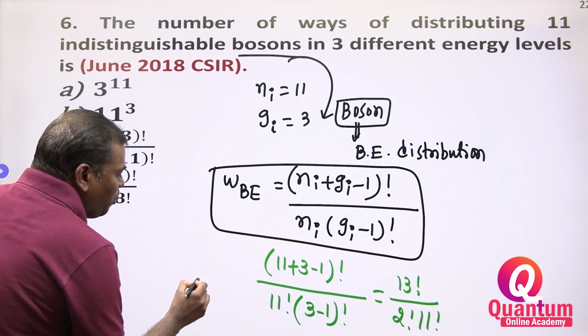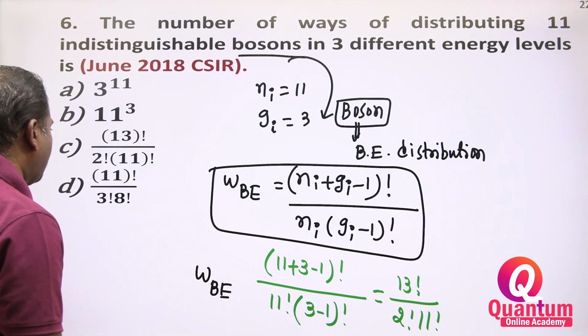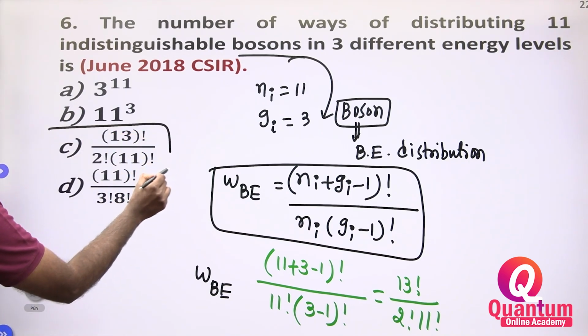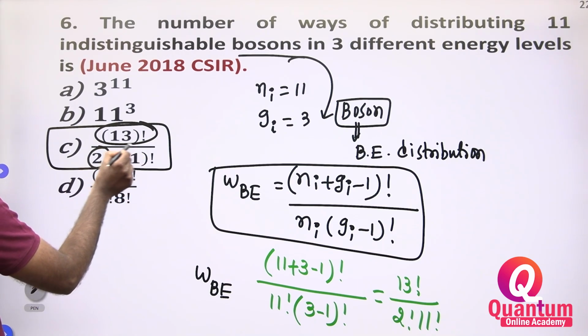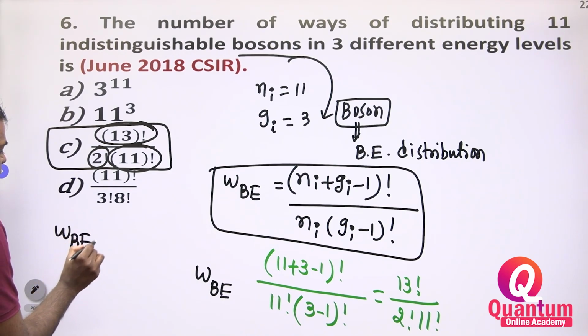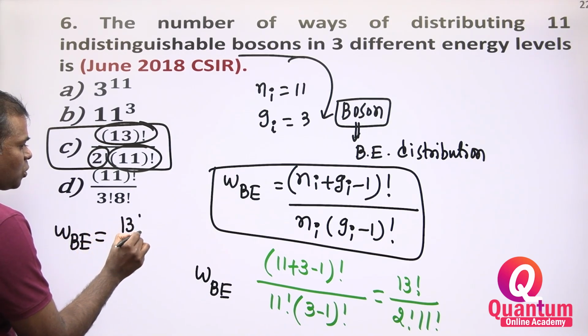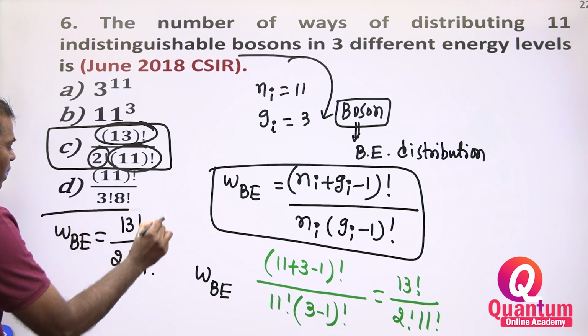This is the Bose-Einstein number of distributions of the particles. What is the answer? Option C is the correct option: 13 factorial divided by 2 factorial into 11 factorial.